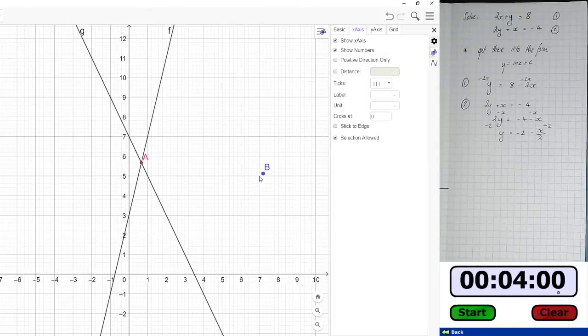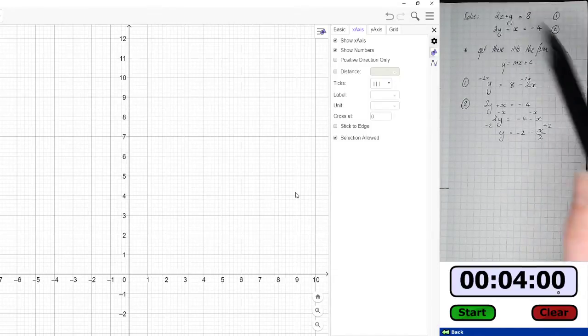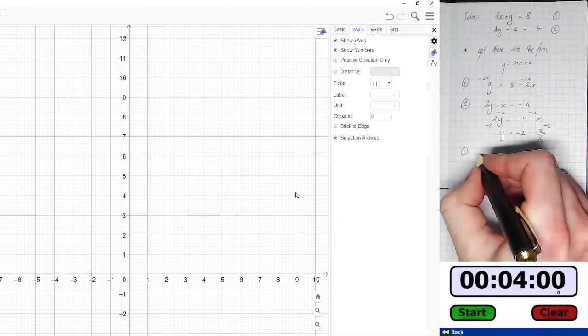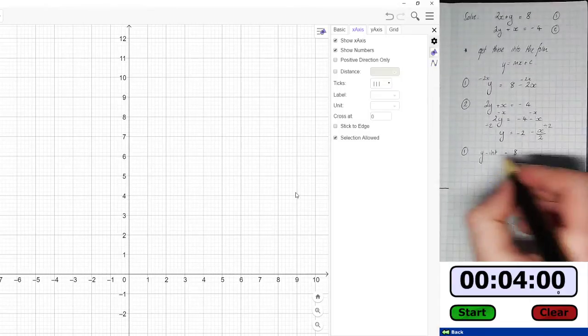And we've got to think of ways that we can now graph this. Let's suppose that we've been given some graph paper in an exam and we're trying to graph these things. Let's use what we know about y equals mx plus c. For equation number 1, the y-intercept is 8.